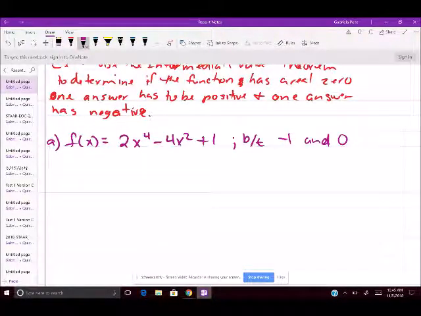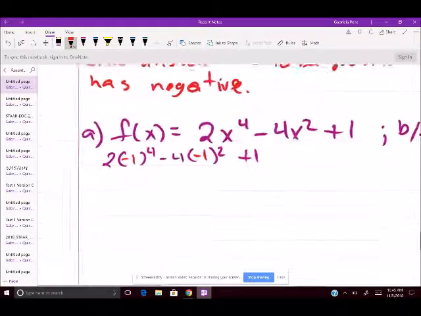Every x with a 0 and get an answer. If one answer is positive, one answer is negative, then your answer is yes. So for example, we're going to replace every x with a -1 first. So if I replace this with a -1 and this with a -1. Okay, so that's the first thing we're doing.